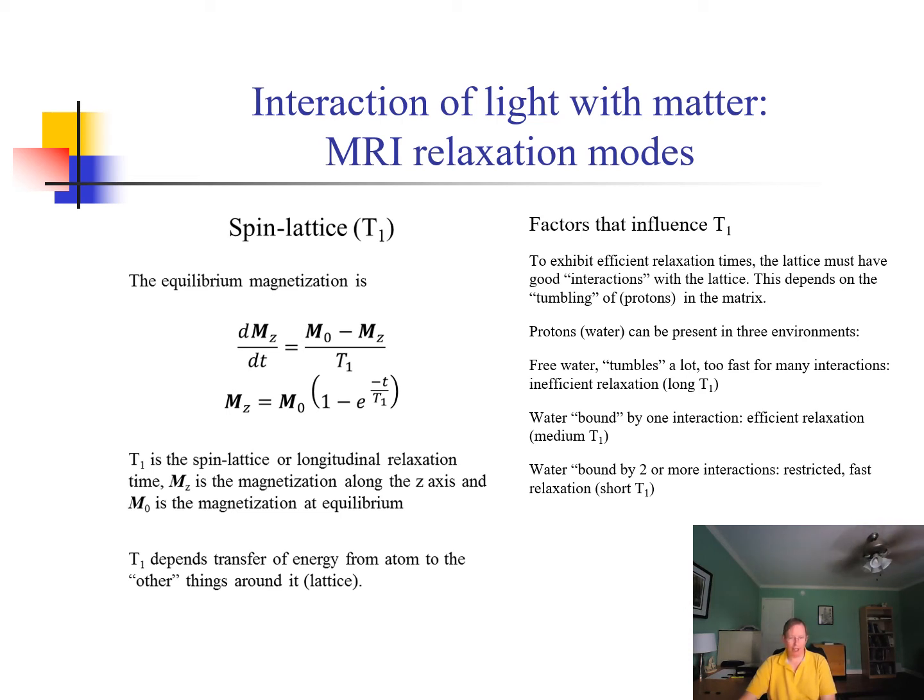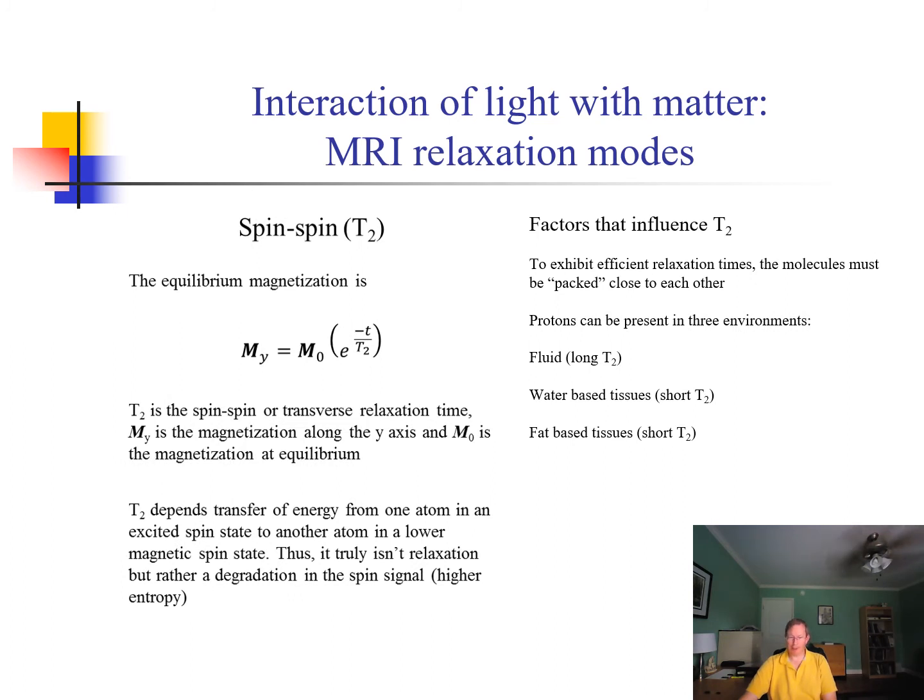It tumbles a lot, with very fast movement, and that leads to a very long T1. It leads to a very long time before you can transfer that small amount of energy from the excited nuclear spin state to the lattice. But I could have water that's bound by some number of interactions. The more of them, the faster that relaxation is going to be. And so this T1 relaxation allows me to accentuate things in the environment that have lots of hydrogens, or water in this case.